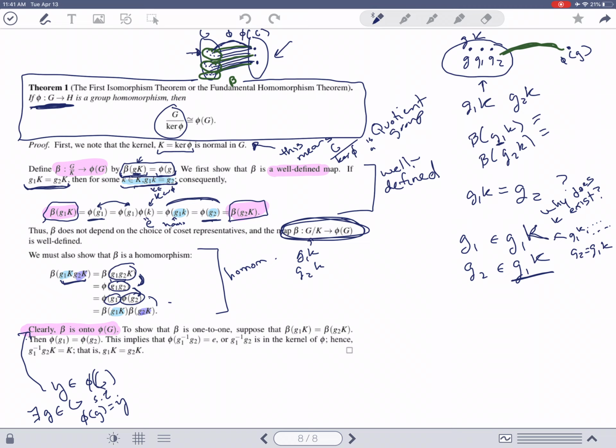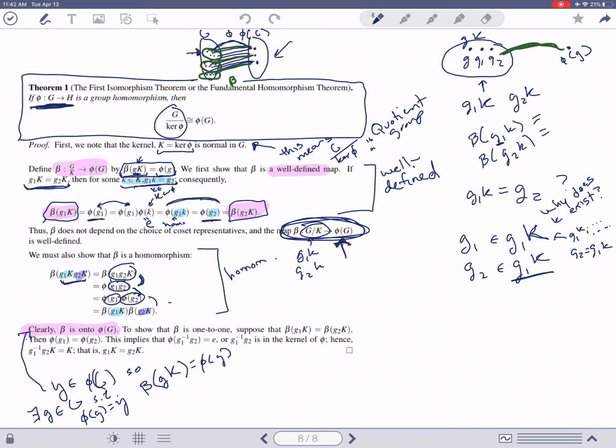Haven't gotten to the beta yet, but I can. So beta, that's our map that goes from the cosets to these things. What is the one that gives me little g? Well, it's going to be my little g coset. That's the thing that hits my codomain over here.